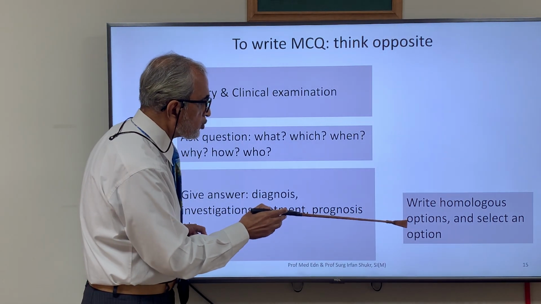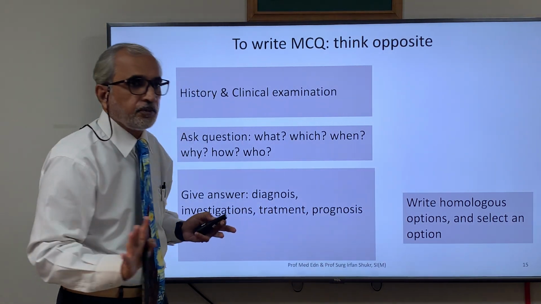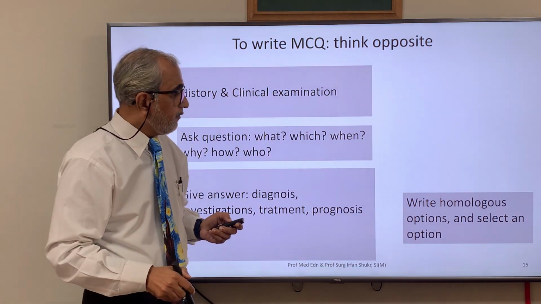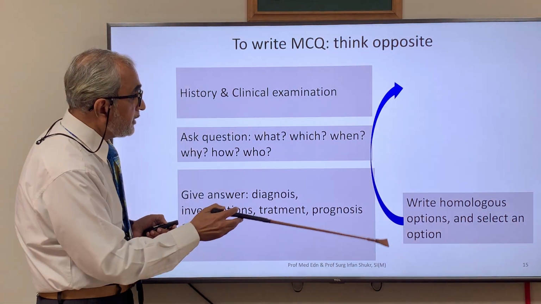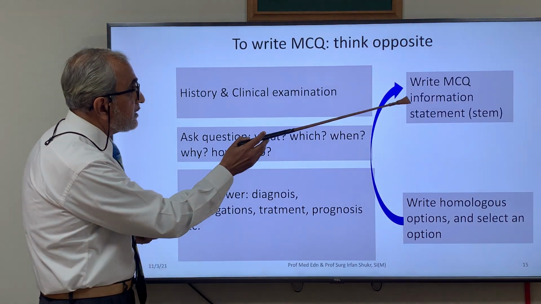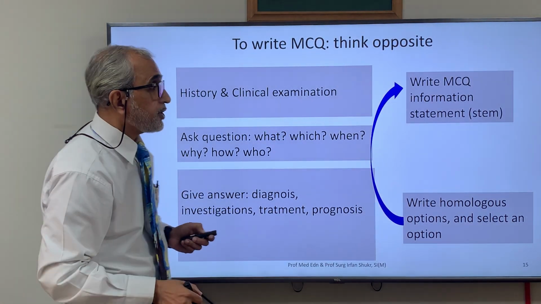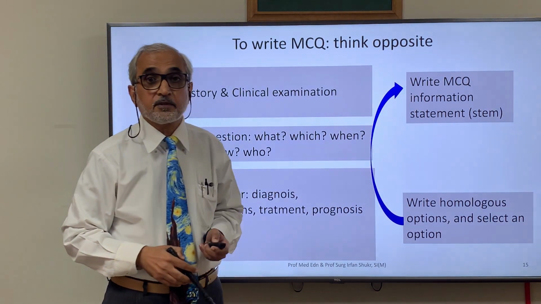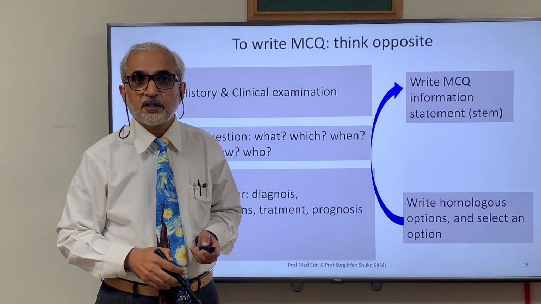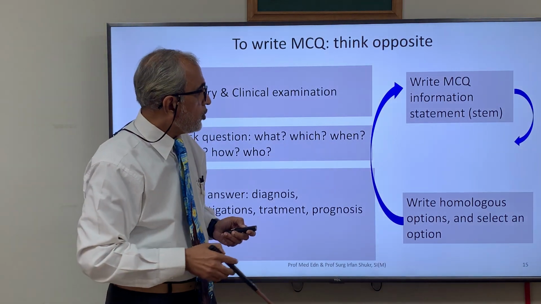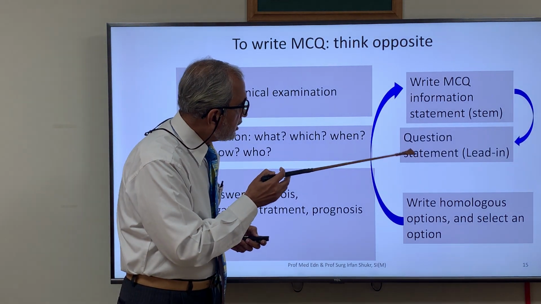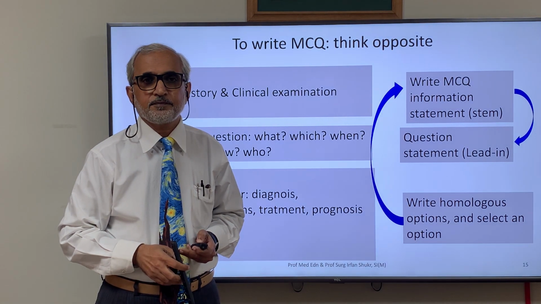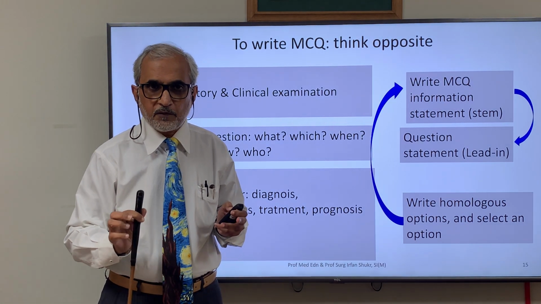So write homologous options and select an option without thinking much. Once you have selected an option, then based on that, write the MCQ information statement, which is the stem, which only fits that option. Once that has been done, now comes the time to write the question statement or lead-in. So have you understood this?